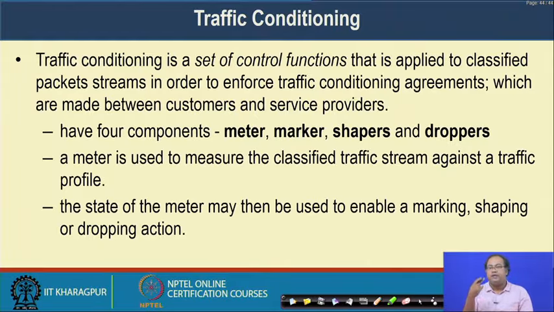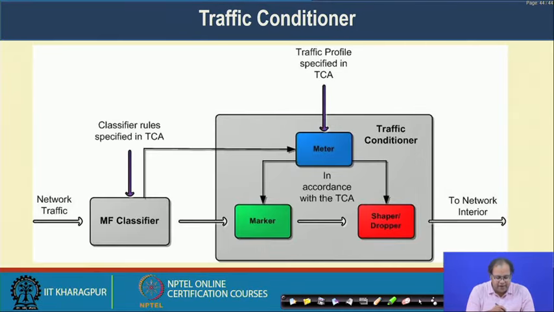That means a meter is basically used to estimate how much quality of service you have already got and what level of quality of service you have to give when you go to the next DS domain. The state of the meter may then be used to enable marking, that means classifying your packet into one of the service classes, shaping or dropping action. So, here is the idea.